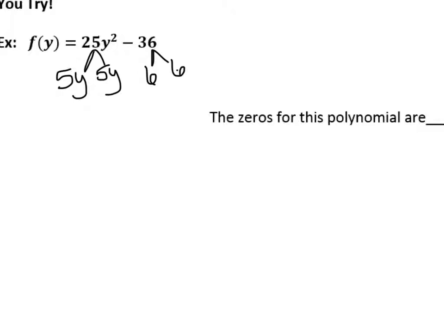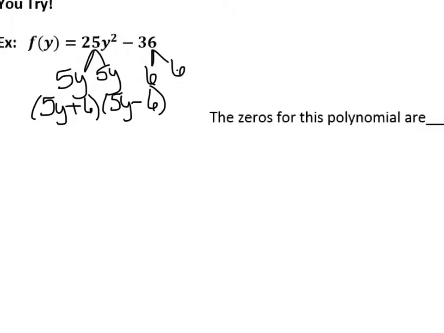So this one won't have any square roots in it, but square root answers are possible here. So we set our two parentheses up, 5y plus 6 and 5y minus 6.